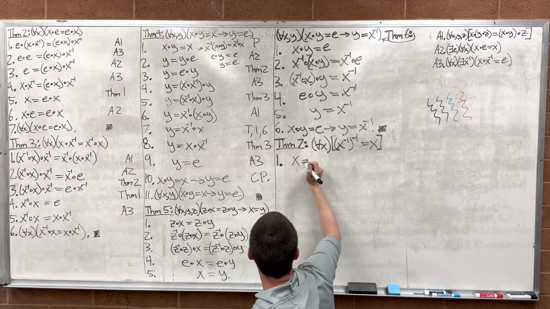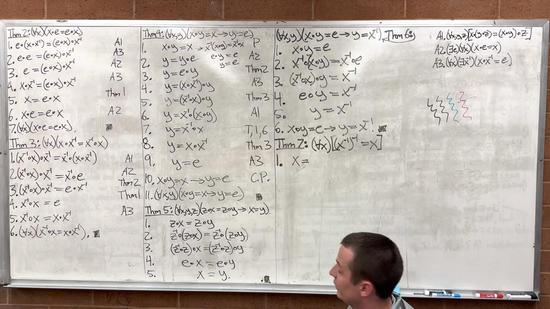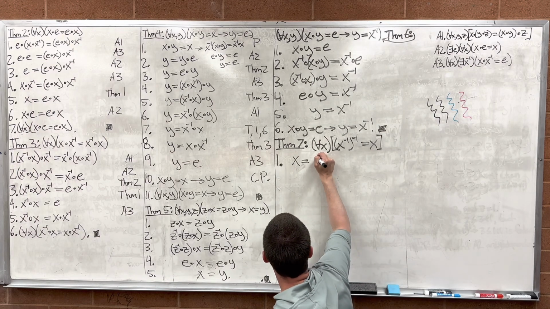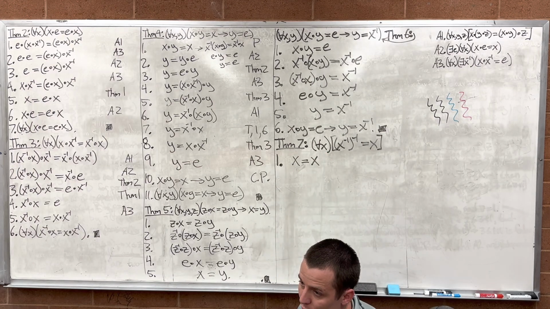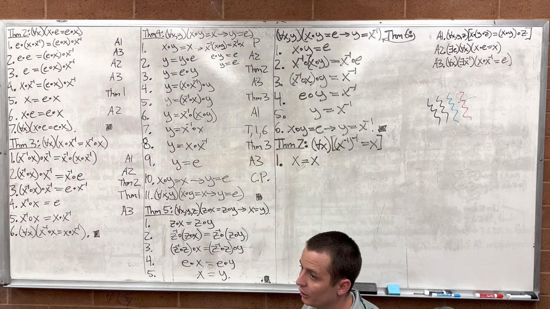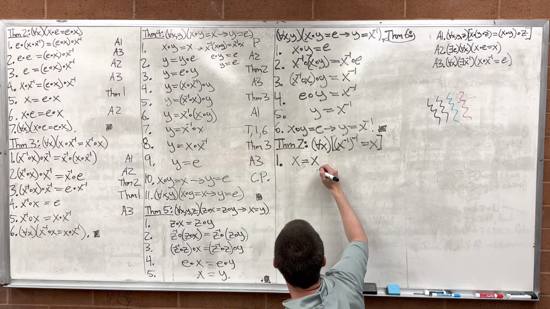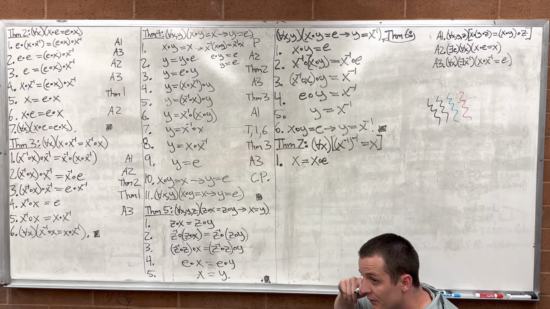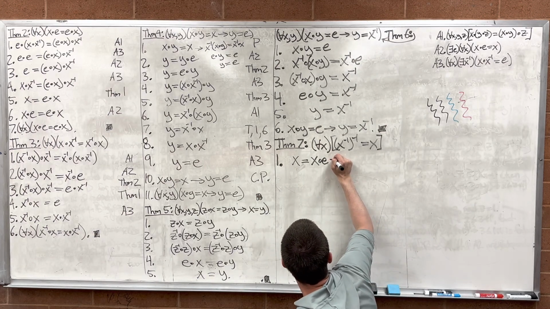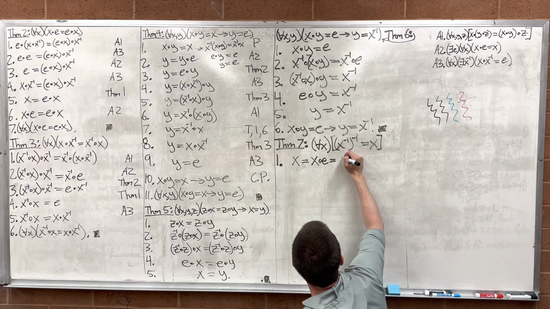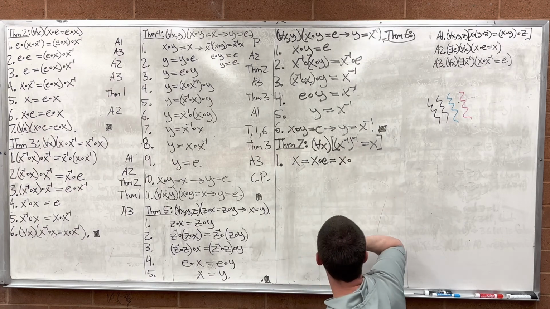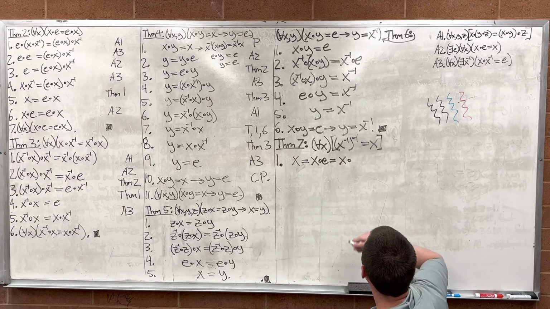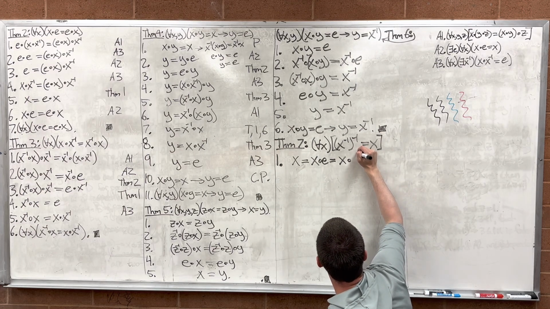So I know always and forever, you can imagine that we're starting with x equals x as our starting point using the law of identity. That way we're not dependent upon a premise. But then I'm going to compose identity on it. So now that's equal to x compose, and now I'm going to write identity a little bit funnier than what we're used to seeing.